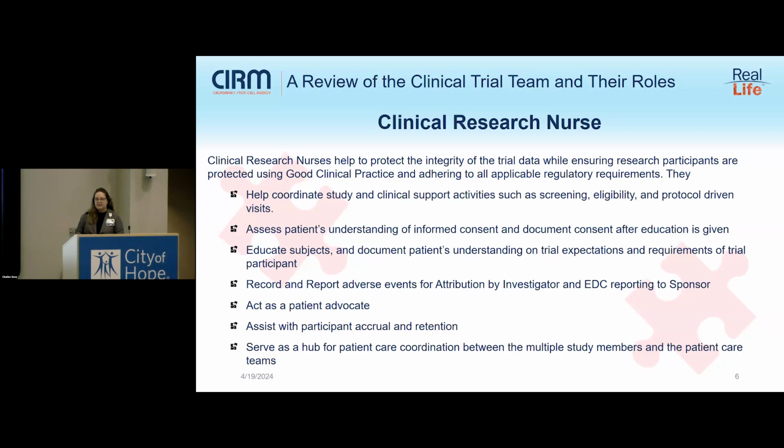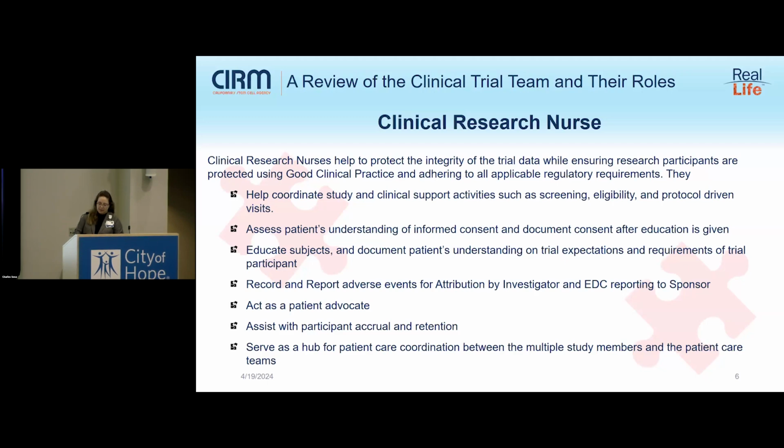But the reality is, especially with these immune effector cell studies, there's a lot that goes into these studies, and we don't want these patients to be surprised when they're asked to come in for screening visits, for the leukapheresis appointment, for follow-ups, for more screening prior to the start of treatment. And then the follow-up afterwards.